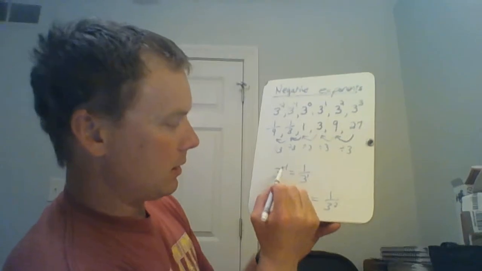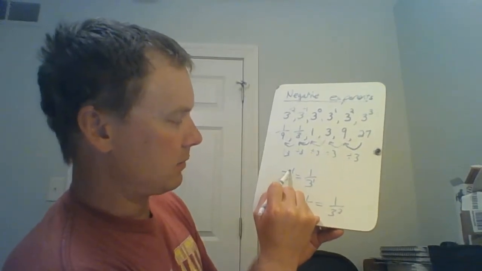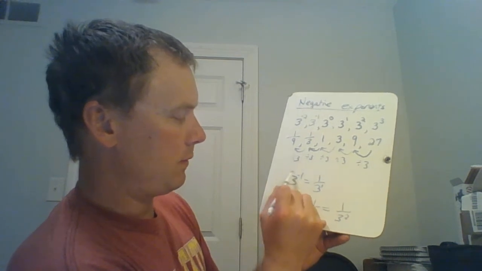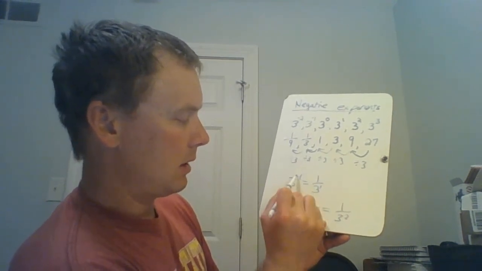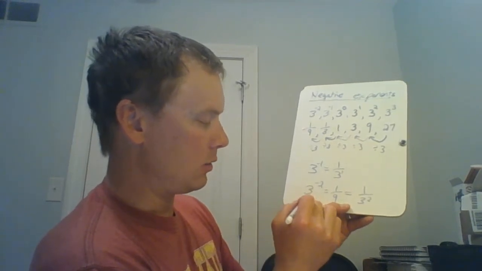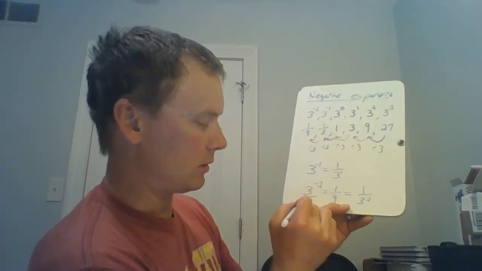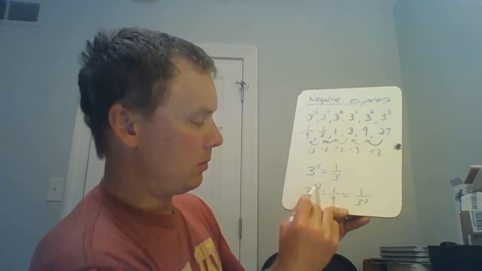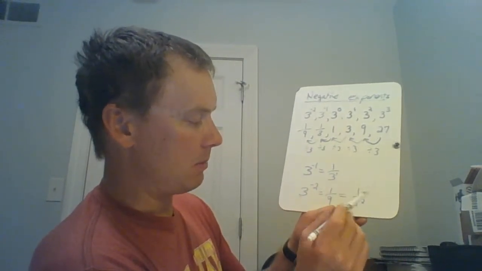So what we're doing here is this negative exponent, if we were to move it to the denominator, makes the exponent positive. So 3 to the negative second is in the numerator because there's no fraction here, so it's understood to be in the numerator. It would move down to the denominator and make it positive.